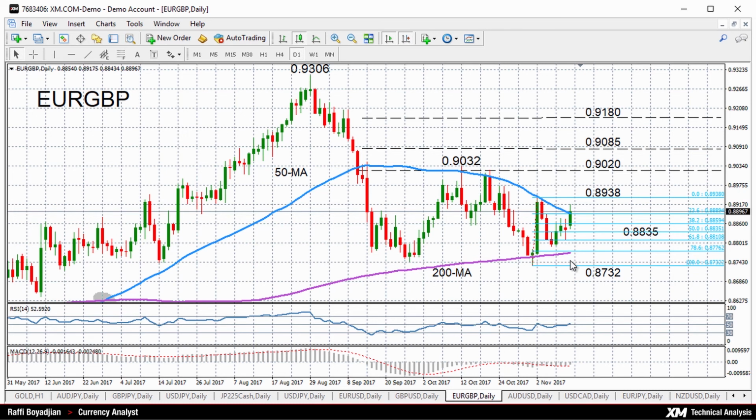If prices break below the 200-day moving average, we could see that low of 0.8732, a 4.5 month low, tested again, and then a breach of that level would signal a shift to a bearish outlook in the medium term.